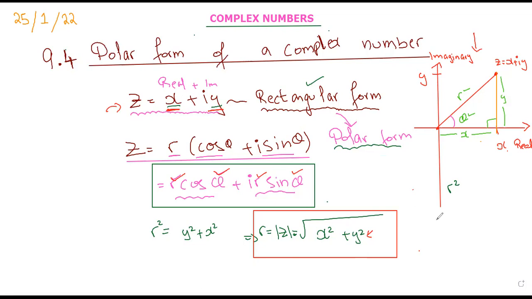For example, let's say z is 2 plus 2 iota. So r would be under root x square plus y square. What is x?